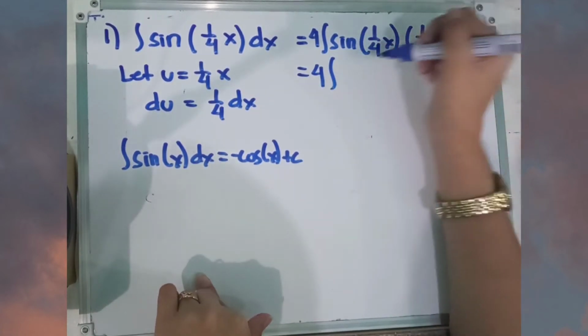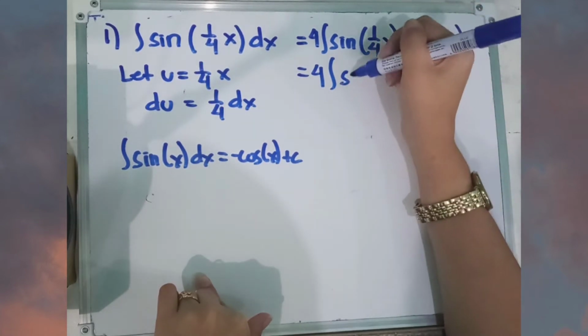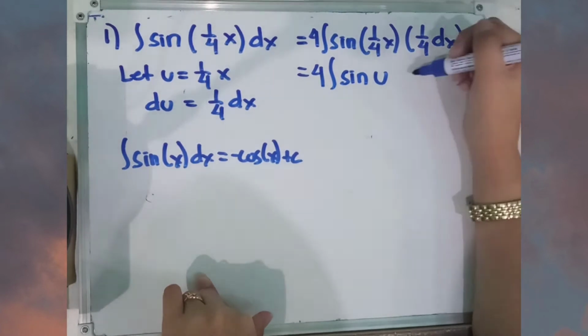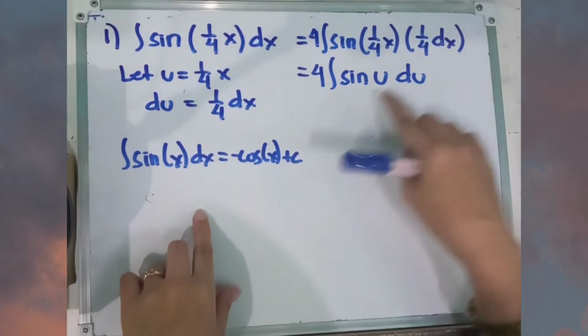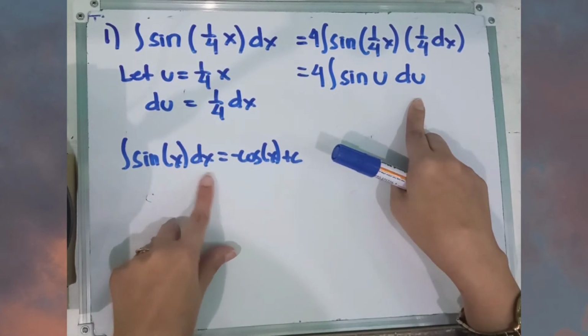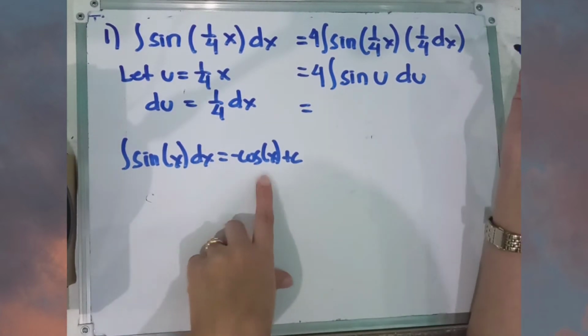Using u substitution, this is now sine u, and this is our du. So going back to the rule, the integral of sine u du, like sine x dx, is equal to negative cosine x plus c.